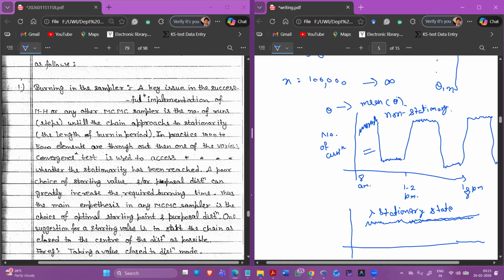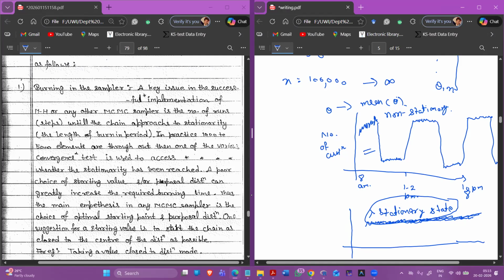Not at all. But if you get values like this, almost stationary, where all the generated values are close to each other, will it be trustworthy or not? It will be trustworthy, right? So reaching the stationary state is very important.